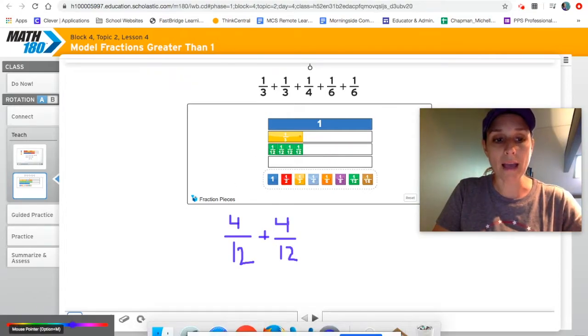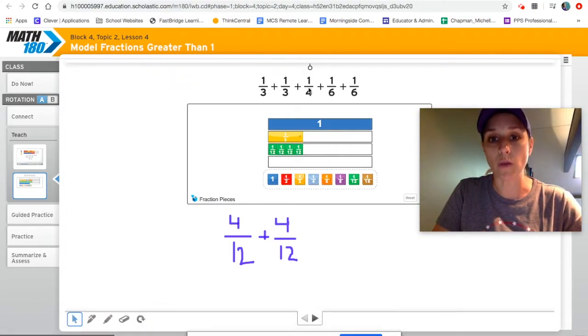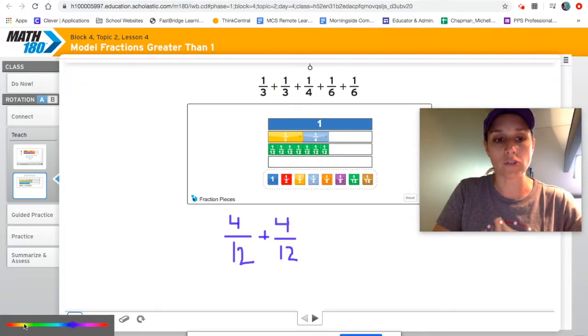Now I can go back and look, and the next thing I have is 1/4. Well, if I take that 1/4 piece and put it up there, I need to see how many 12 size pieces. So I've got 1, 2, 3. So that 1/4 is going to be equivalent to 3/12.